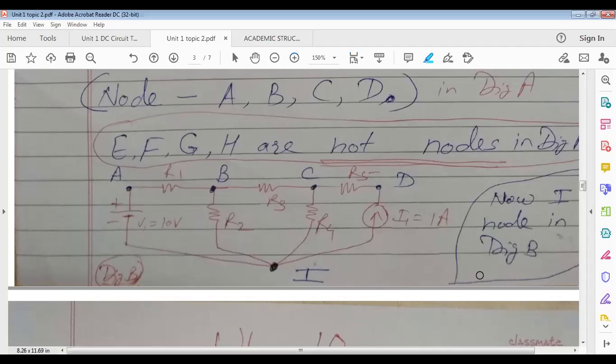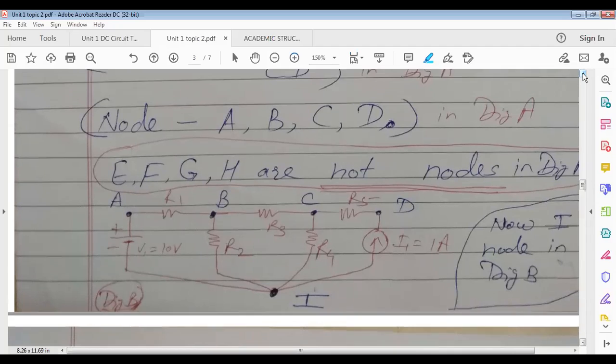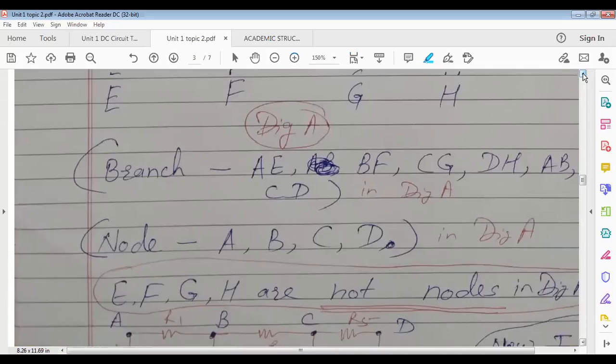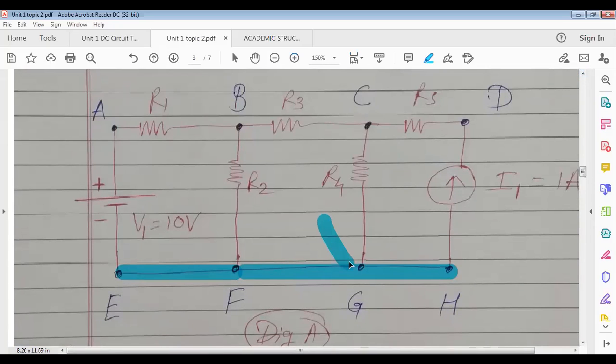The same circuit I can draw like this also. Now, before showing this circuit, one concept is left. A branch, it is clear to you: between two nodes, either a circuit parameter or a source must be there. If nothing is there, then it's not a branch.